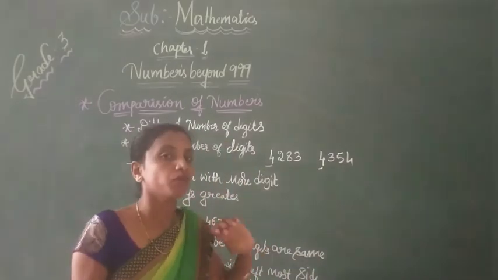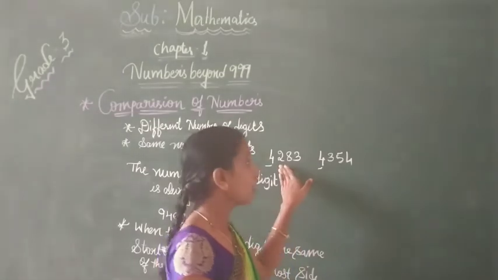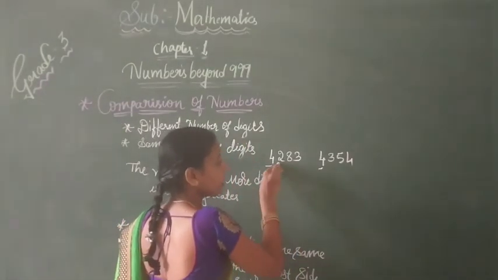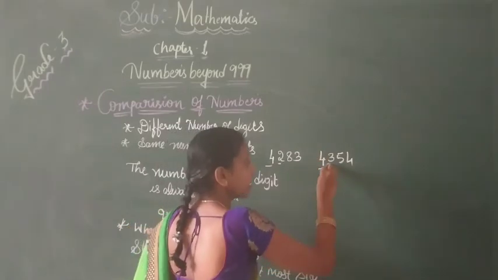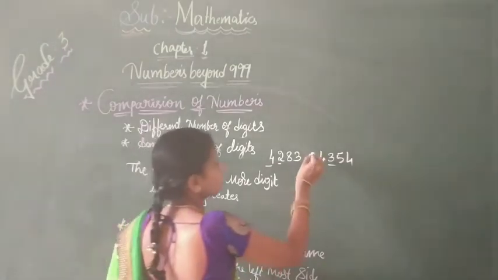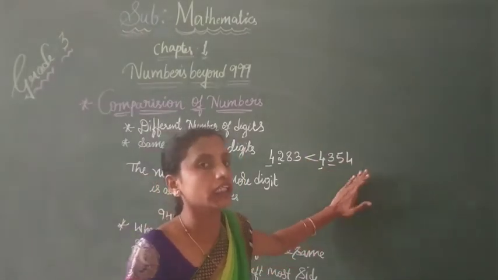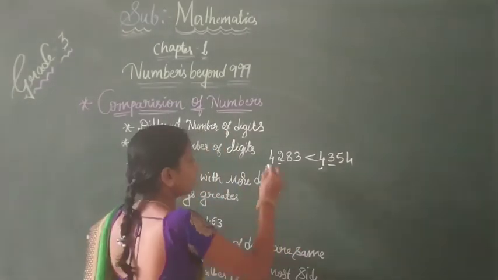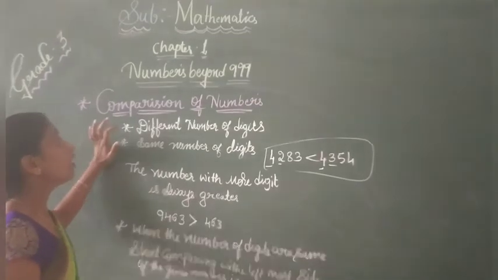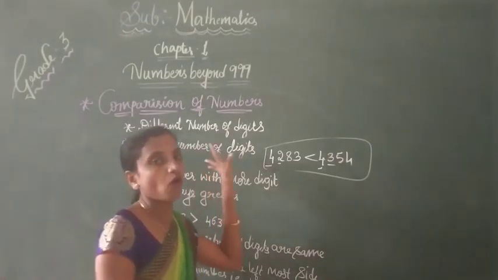It is the same, so then you compare the hundreds place. What is the number in the hundreds place? Here 2, here 3. So which is the greater number? This one, 4354. Is it clear?